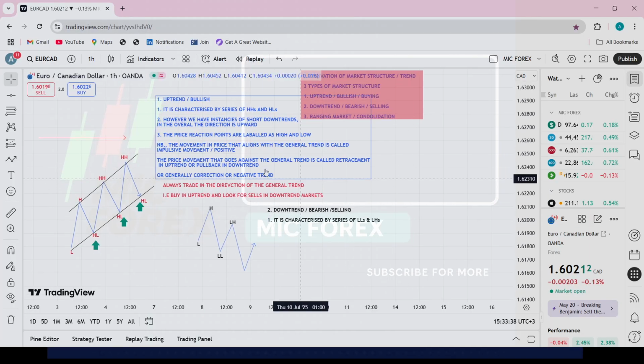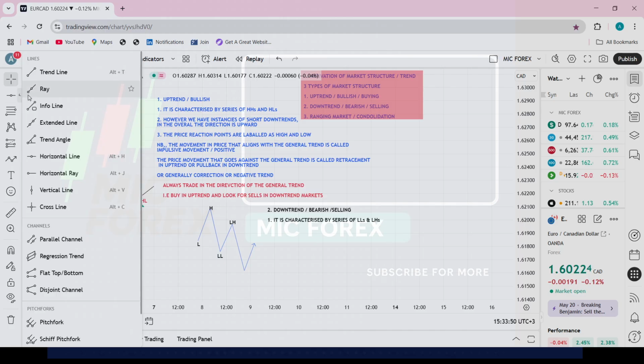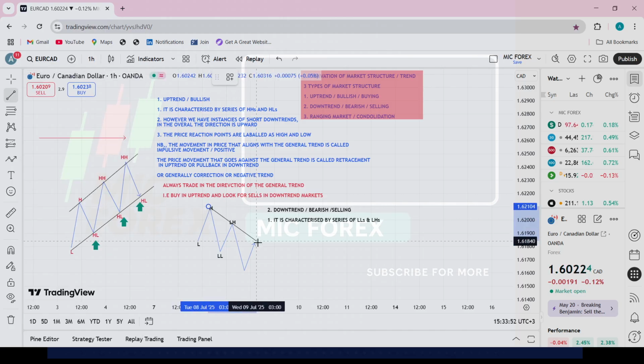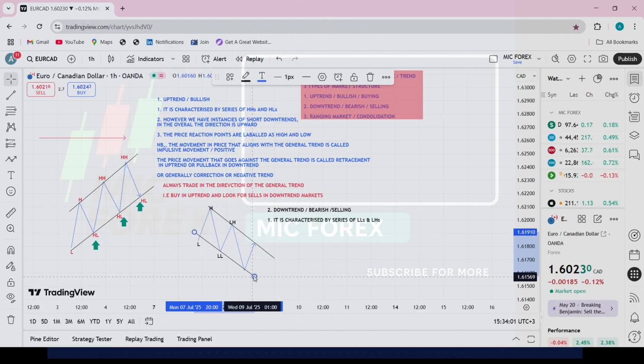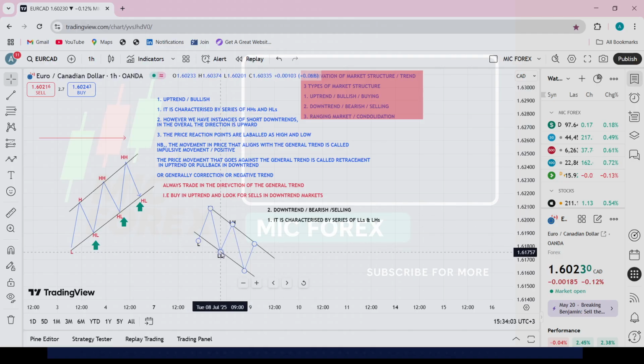I think all the other stories here are just the same. You just have to understand that when the market is moving in the direction of the general trend, within this movement, because they align with the superior trend, we call this impulsive movement.